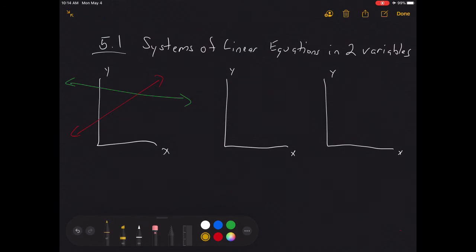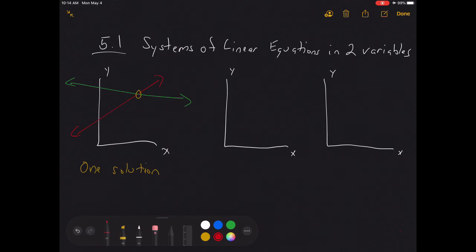This has one solution. There are no other places these lines could ever cross, because they go on forever in the same direction that the arrows are pointing. They will never come back around and touch each other anyplace else. So in this case, there is one solution.